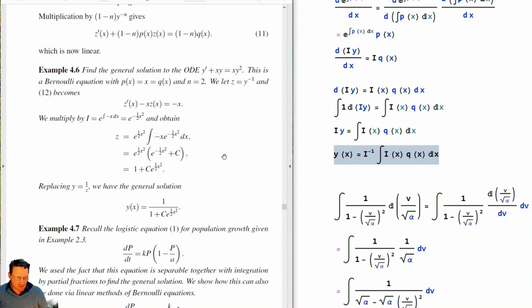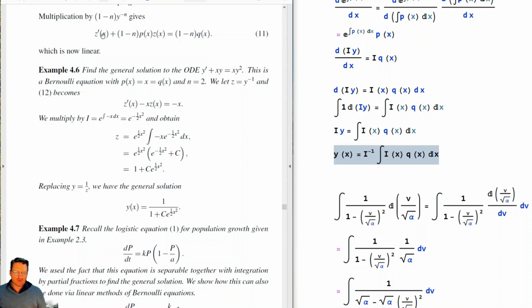So we have dp on dt is kp outside of 1 minus p over a. Okay, so if we expand this and rearrange, then we have the Bernoulli equation, dp on dt minus k times p is equal to minus k over a times p squared. That's a Bernoulli equation with n equal to 2.